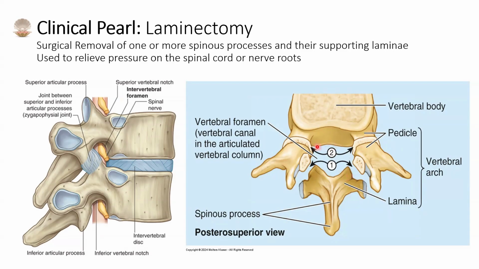Sometimes further removal is required, but often they take just the spinous process off, cutting the lamina, allowing for opening and pressure to come off of the spinal nerve and spinal cord in that area. That's a laminectomy, removal of the spinous process and lamina.